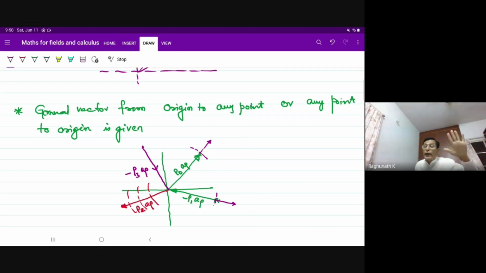Any point to any other point, there is no such vector. Very, very important for us to know, because most of the problems we will do in cylindrical coordinate system, in which one of the components is this. Very important for you to remember. The other component that comes is Z component, mutually perpendicular to it. The phi component will not come in the general vectors for us.